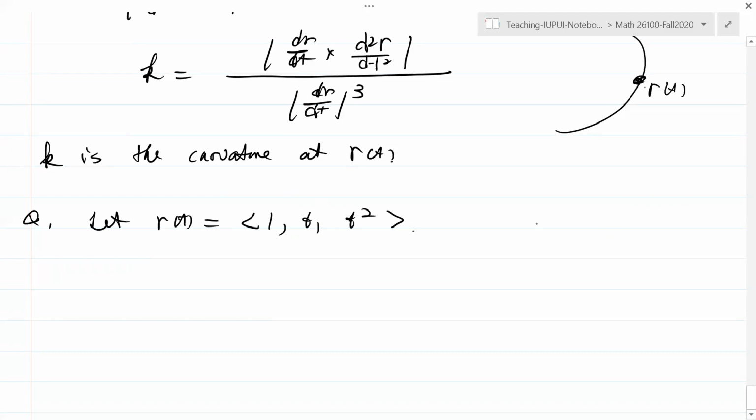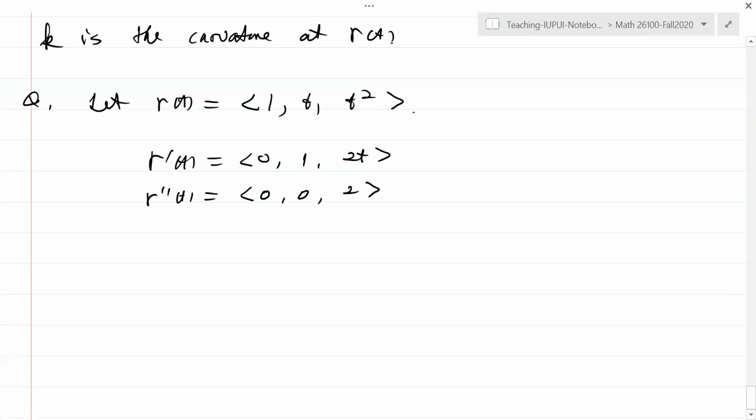I'm trying to find the curvature formula. For the first derivative, I don't need to find the unit tangent vector or the arc length. I get (0, 1, 2t). And the second derivative is (0, 0, 2). Very, very simple.